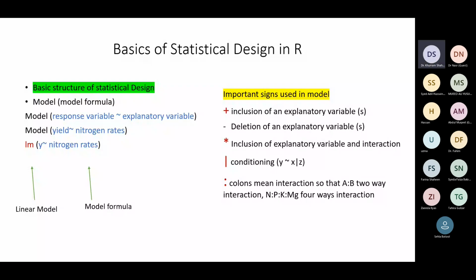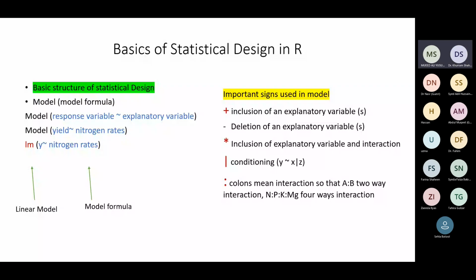Okay, Dr. Mohit Ali, can you please repeat what we have learned in these three slides about statistical analysis in R? Yes, sir. The first slide is the basic structure of the statistical design and the important signs that come with it. First, the model and the model formula.